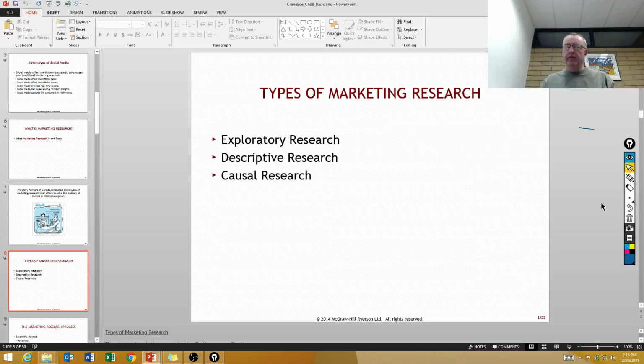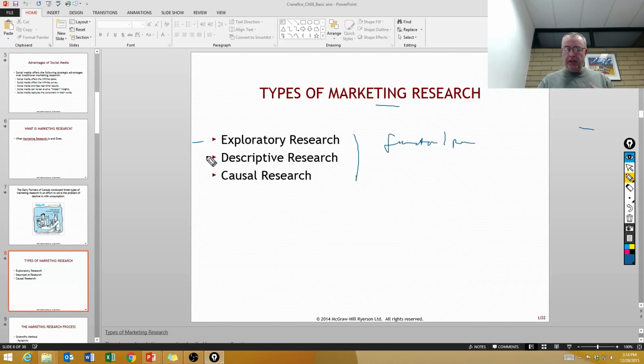Okay, so we have three types of marketing research that are classified by function, or we might say purpose. So firstly, we can have exploratory research, and exploratory research helps us investigate and understand the nature of the problem that we want to address.